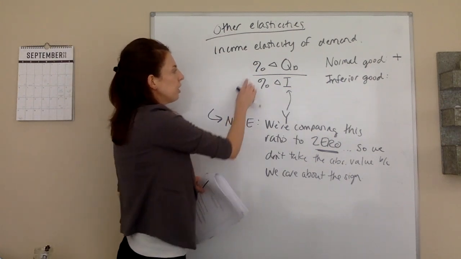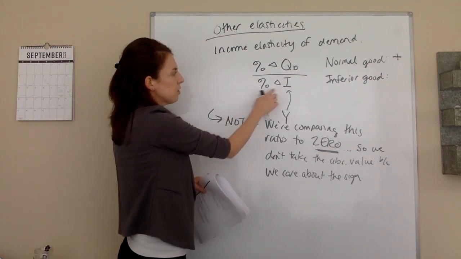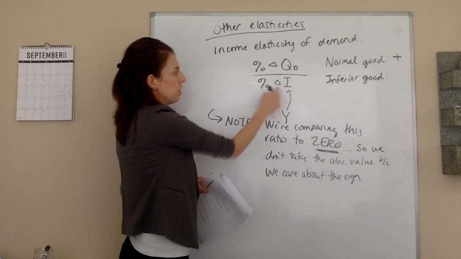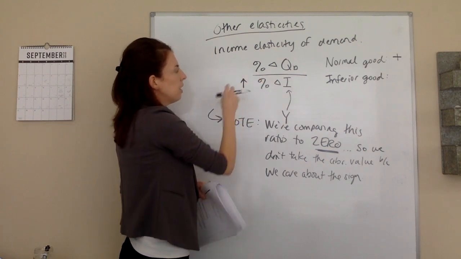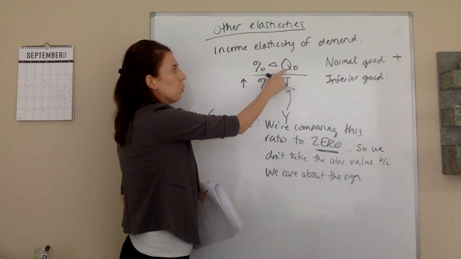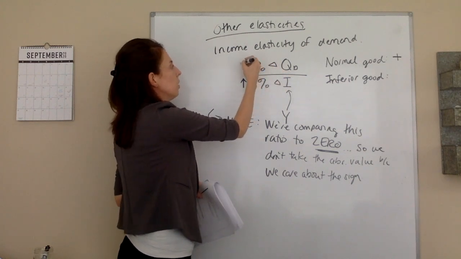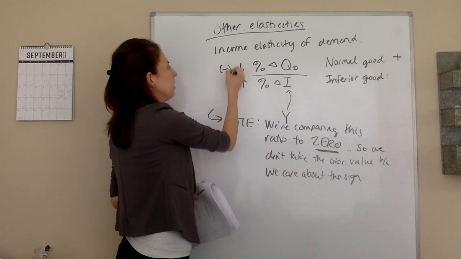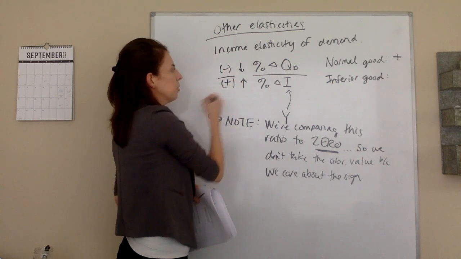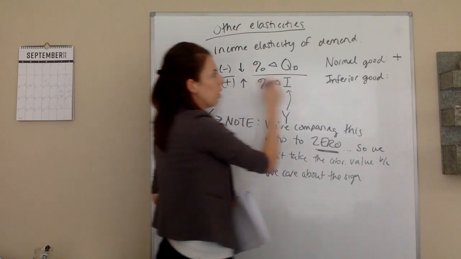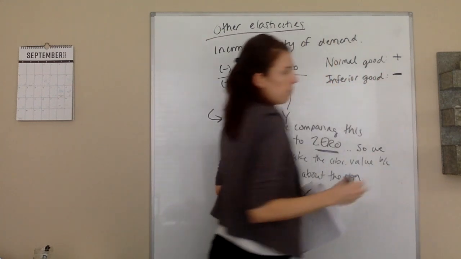So if you give a person more income, or the percent change in income is positive and it goes up, then what would happen to their quantity demanded? It would go down. So the percent change in their quantity demanded would be negative. So you would have a negative number over a positive number. So the whole ratio would be negative.